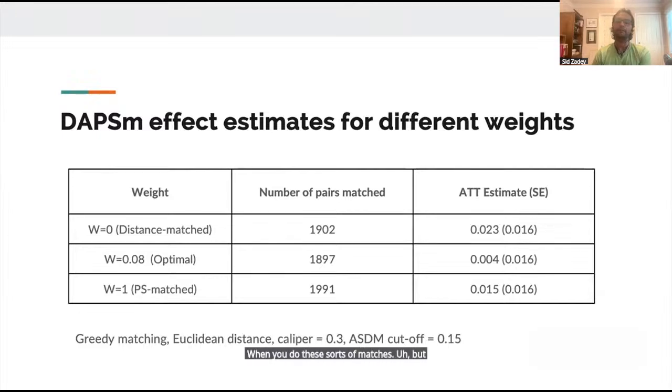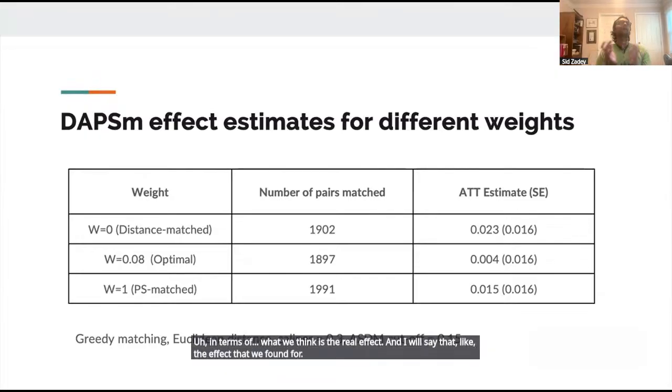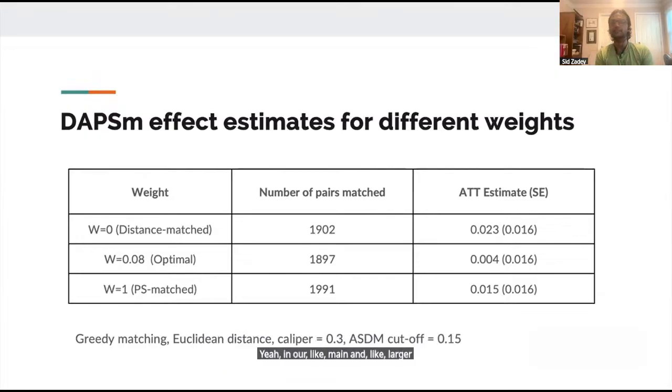But we also reduce our effect size in terms of what we think is the real effect. And I will say that the effect that we found in our main and larger analysis was actually 6 injuries per intersection year, so this is probably quite close to that.